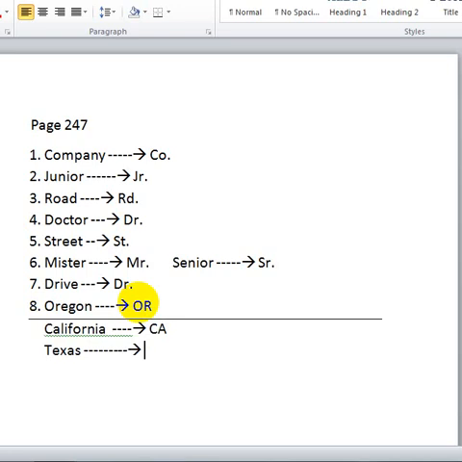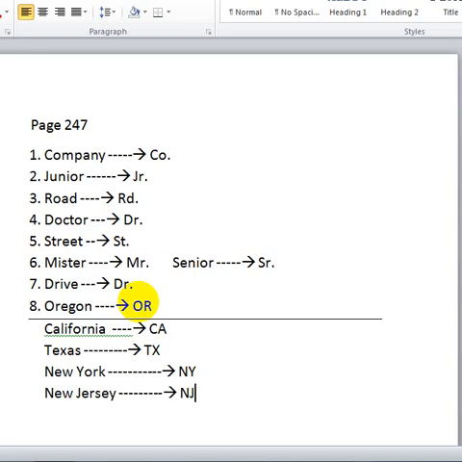So it's going to be T capital, X capital. Alrighty? Let's try New York. In New York we got N capital, Y capital. Let's try New Jersey. We got N capital, J capital.